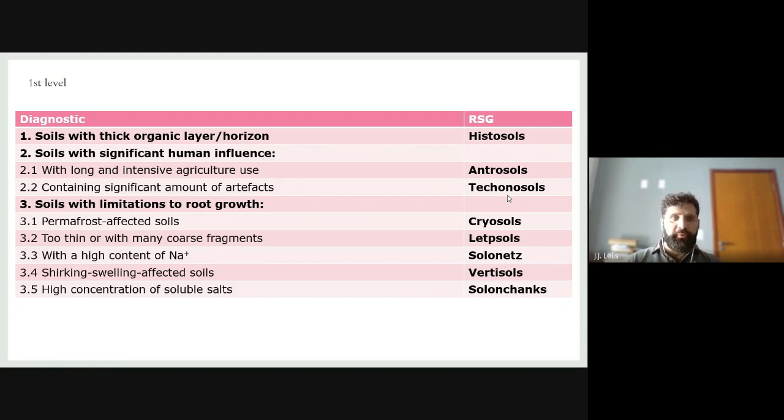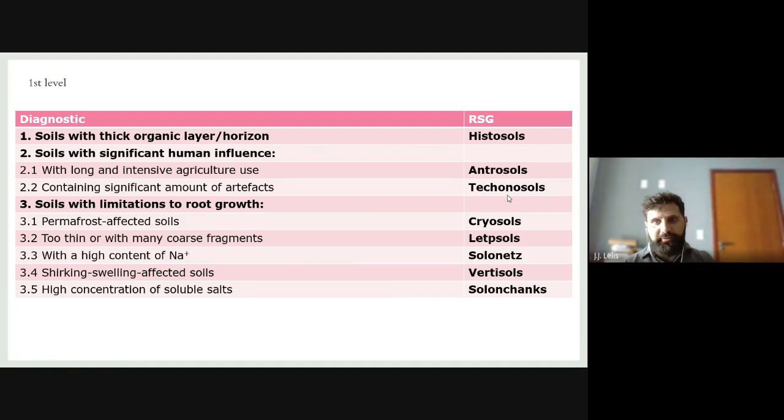Even if they are related to agriculture use, a modern agriculture use. So, okay, we have the addition of fertilizers and limestone, but this is made by machines. So it is a typically modern human use.